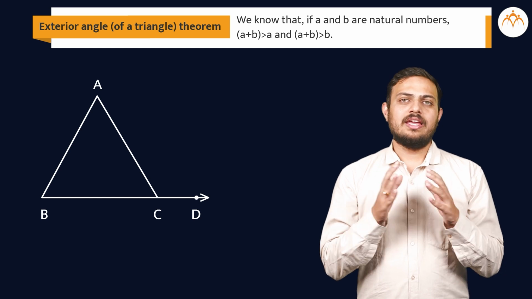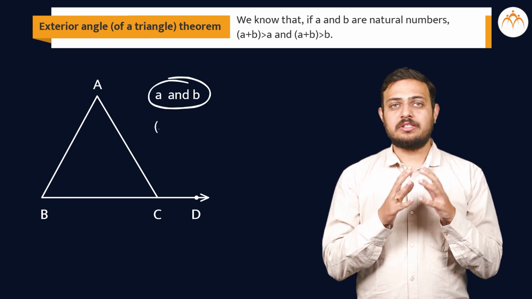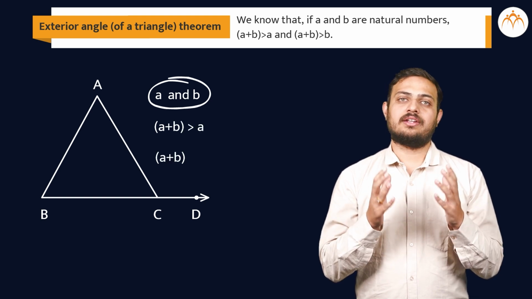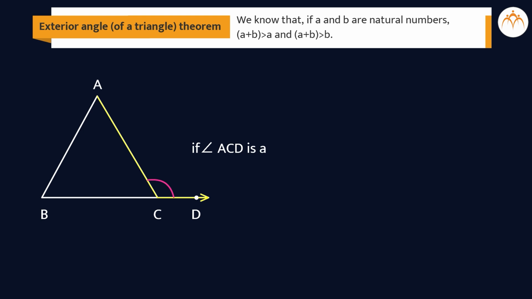We know that if A and B are natural numbers, A plus B is greater than A and A plus B is greater than B. According to the theorem of remote interior angles of a triangle, if angle ACD is an exterior angle of triangle ABC, then measure of angle ACD is equal to measure of angle BAC plus measure of angle ABC.